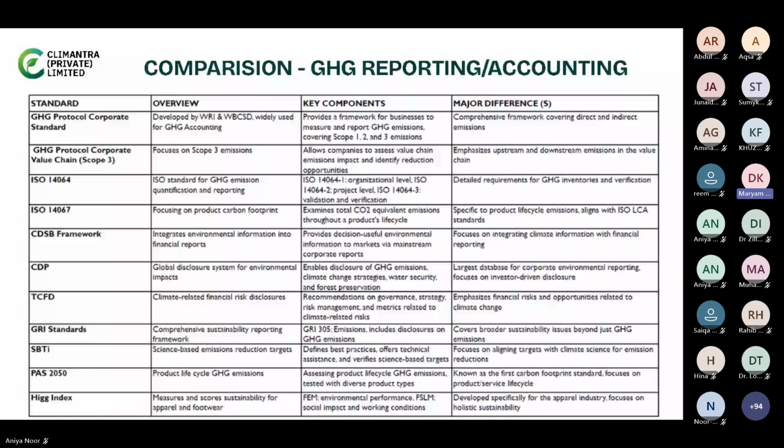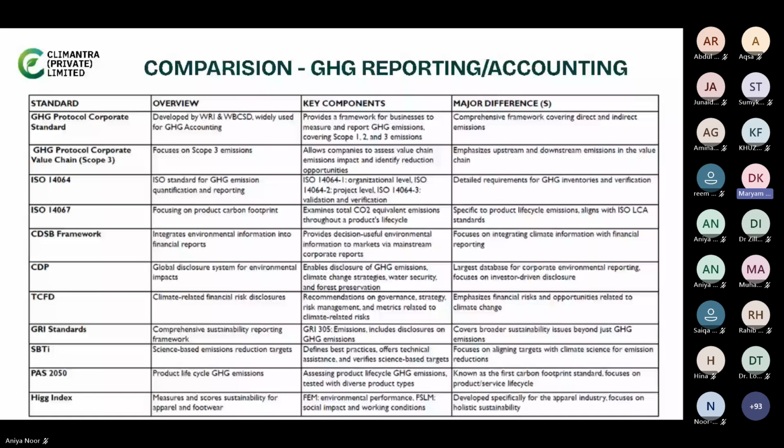Its main component provides a framework for businesses to measure GHG emissions in scope 1, 2, and 3. It's a very comprehensive framework that covers direct and indirect emissions. Then the GHG Protocol Corporate Value Chain, scope 3. It focuses on scope 3 emissions. It allows companies to assess value chain emissions, and scope 3 emphasizes upstream and downstream.